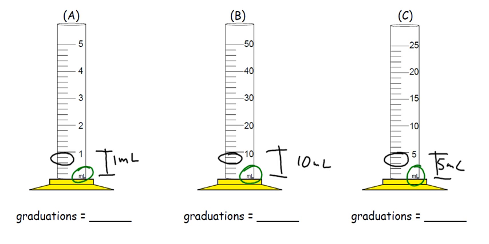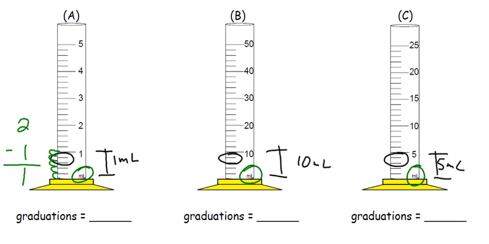I take this number right here, 2, and I got 1, so 2 minus 1 equals 1. Then I count how many graduations I go: 1, 2, 3, 4, 5. So it took me 5 graduations to get to the next lined one with numbers on it.